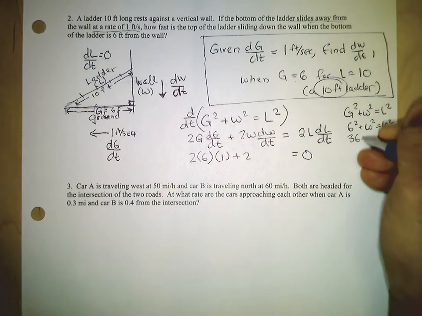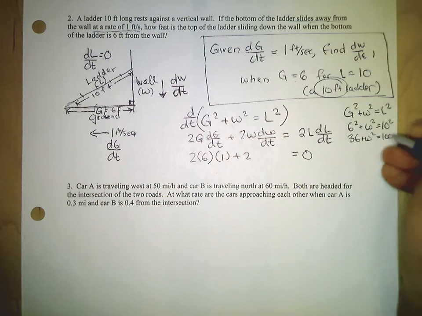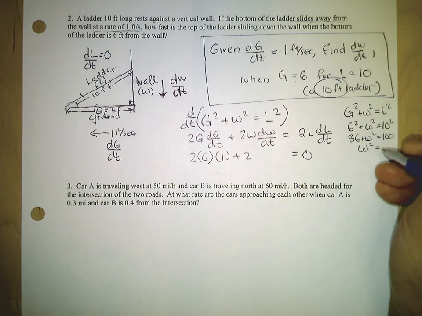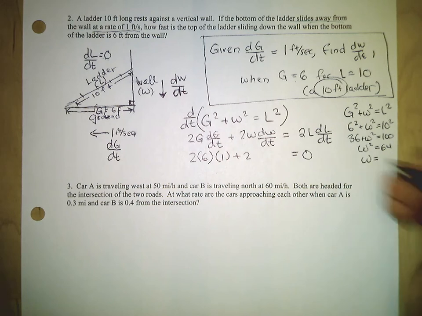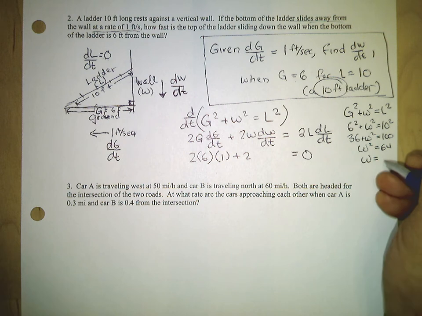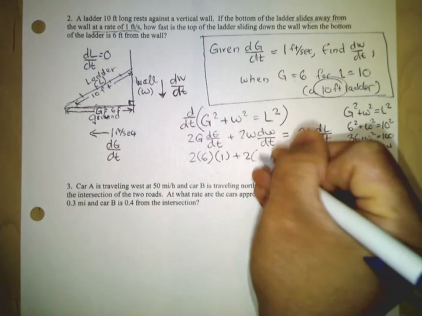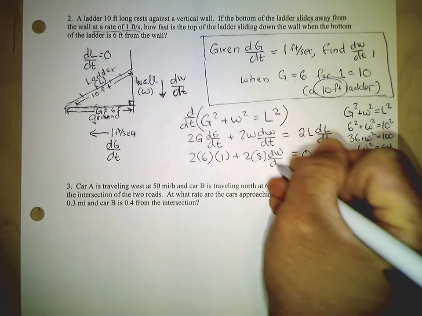So 36 plus w squared is 100. W squared is equal to, when I subtract 36, 64. Then I take the square root, and since the length going up in the wall there cannot be negative, w is equal to 8. So 2 times 8 dw/dt.